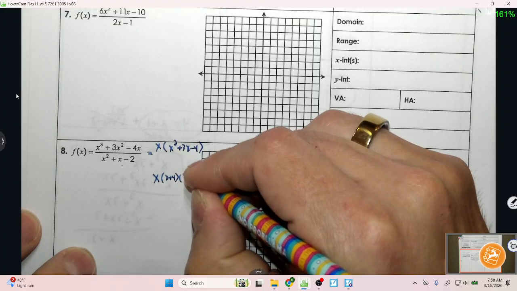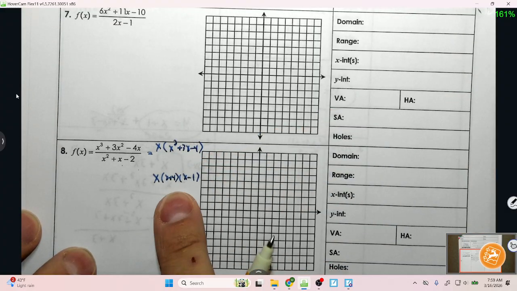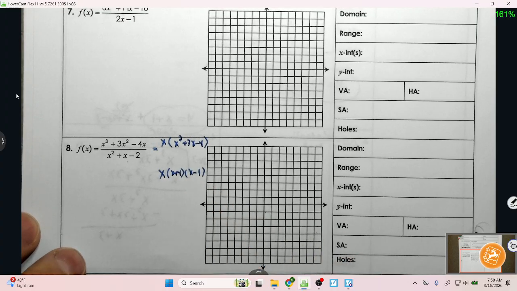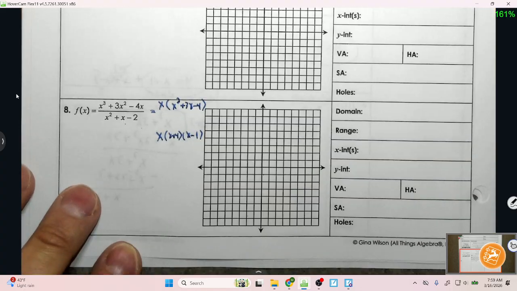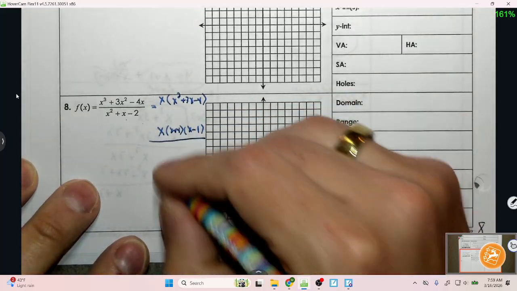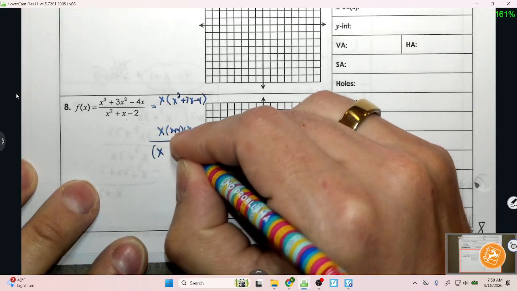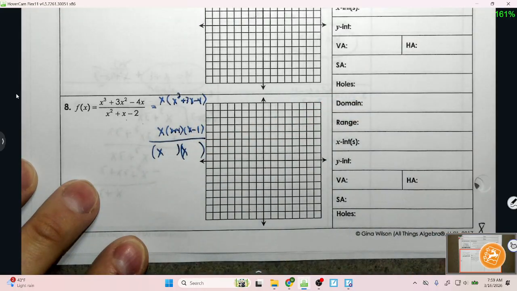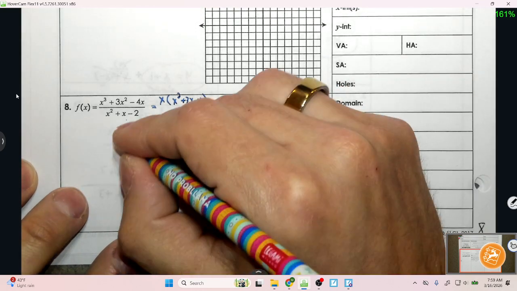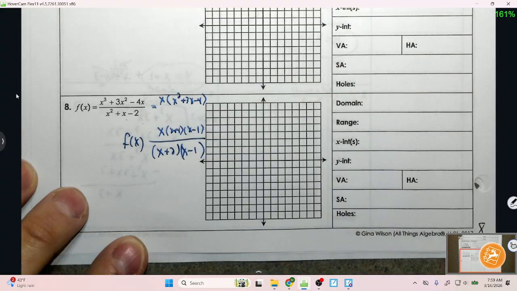Is that ridiculously too small, or you're all right as long as I say it? Okay. I'll make this one better. x plus 2 minus 1. So this is really the function that we want to look at, this function right here.